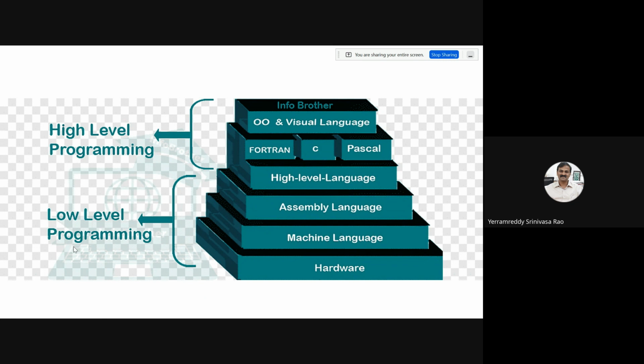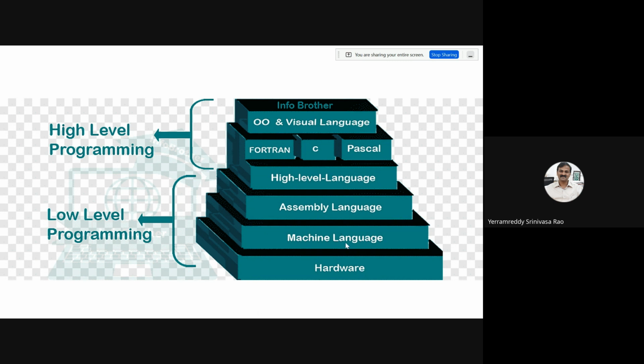So let us look at the programming levels. The bottommost thing that understands is the hardware, the CPU. It is a semiconductor device, an integrated circuit, IC, which understands the program.